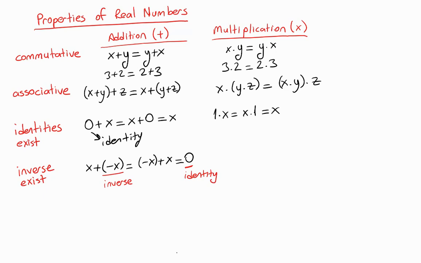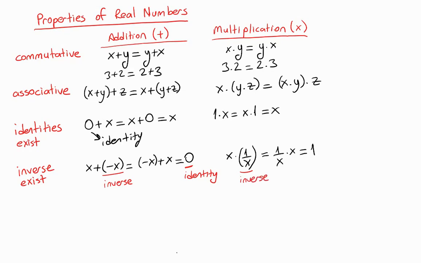Similarly here in multiplication, we have inverse 1 over x. x times 1 over x equals 1. So 1 over x is inverse. Sorry, it's inverse.